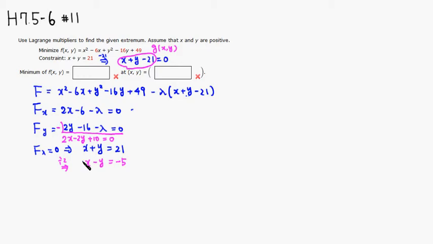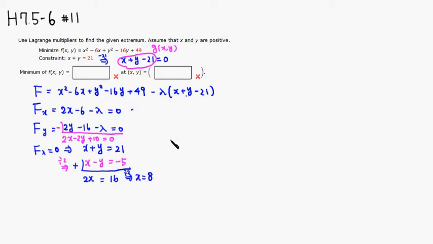Then we can add them up. x plus x is 2x, x plus negative y is 0, and 21 plus negative 5 would be 16. Then we can divide through by 2 to get x equals 8.